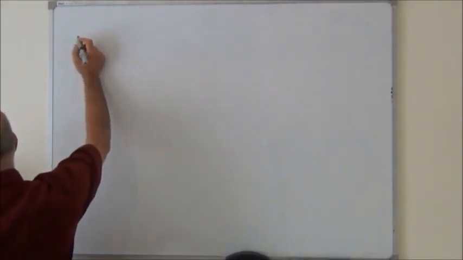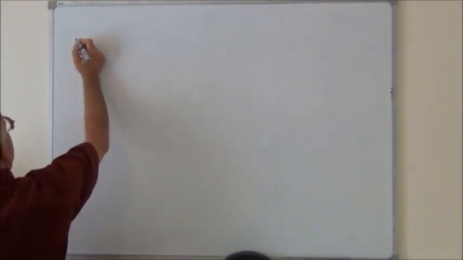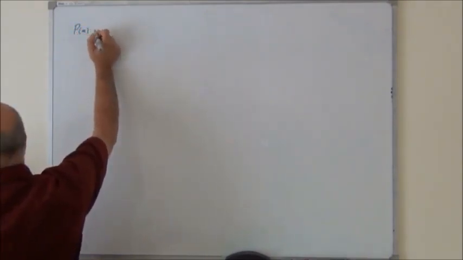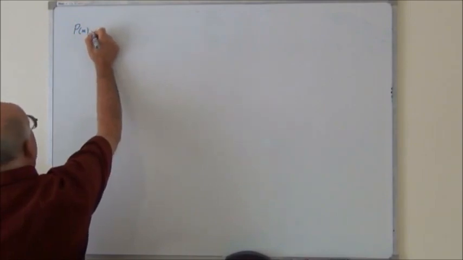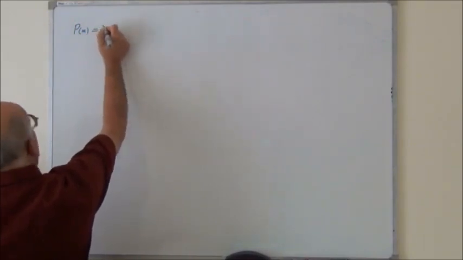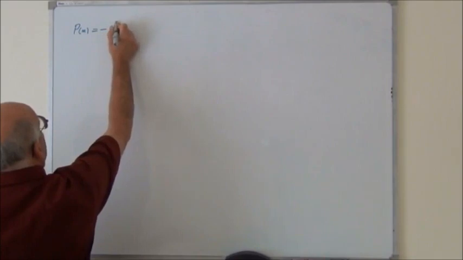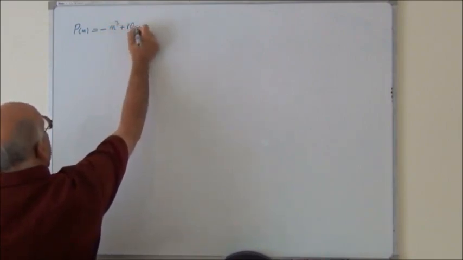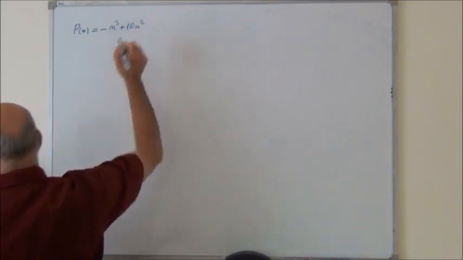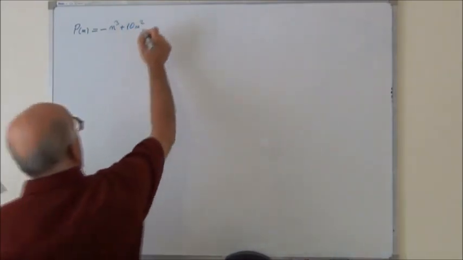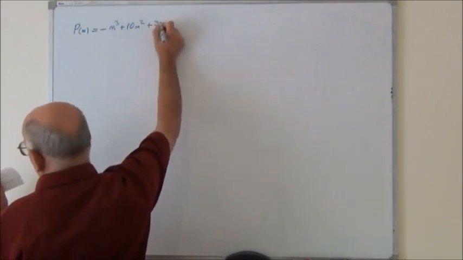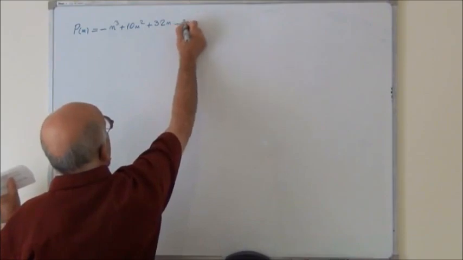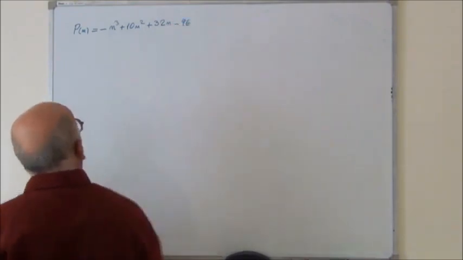I'm just reading this roughly because you have the text. The equation is P(n) equals minus n cubed plus 10n squared plus 32n minus 96.